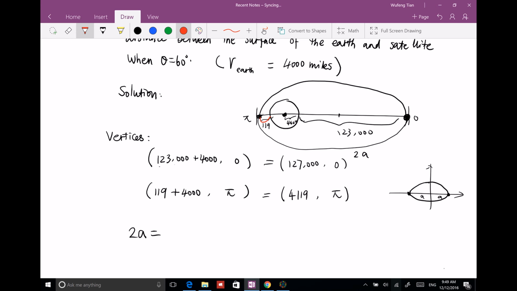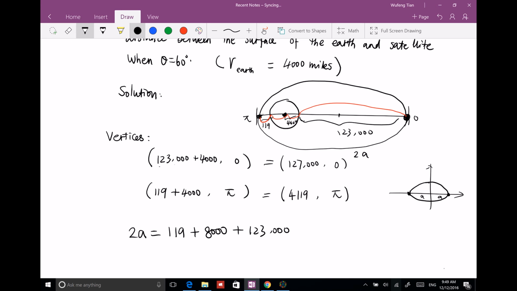This is 119, this is 4,000, this is 4,000, and this is 123,000. So 2a equals 119 plus 8,000 for the diameter of the Earth, then plus 123,000.